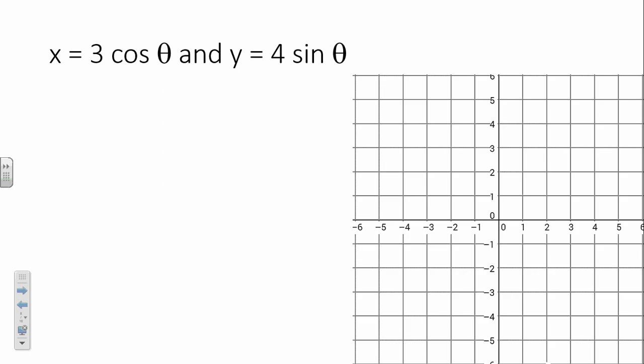We would have to divide by 3 and then take the inverse cosine, wouldn't we? Okay, so the inverse cosine of x over 3 would get plugged into here, and the sine of the inverse cosine of x over 3 times 4, is that going to help us? No. So we had to take a different tactic when we're dealing with thetas.